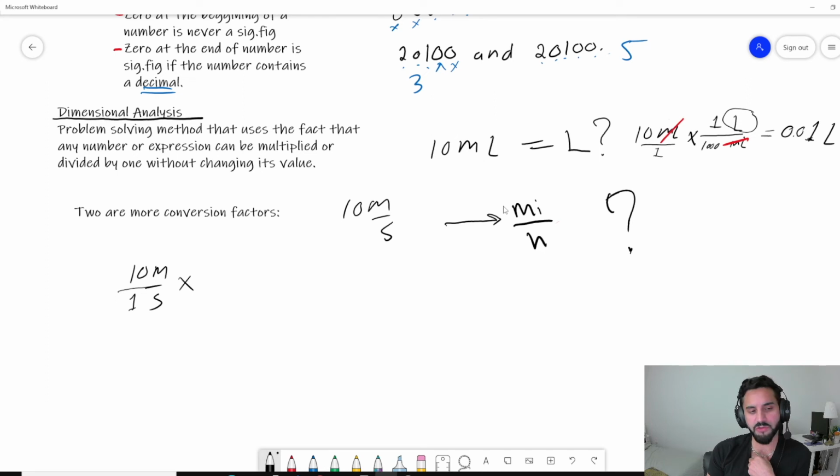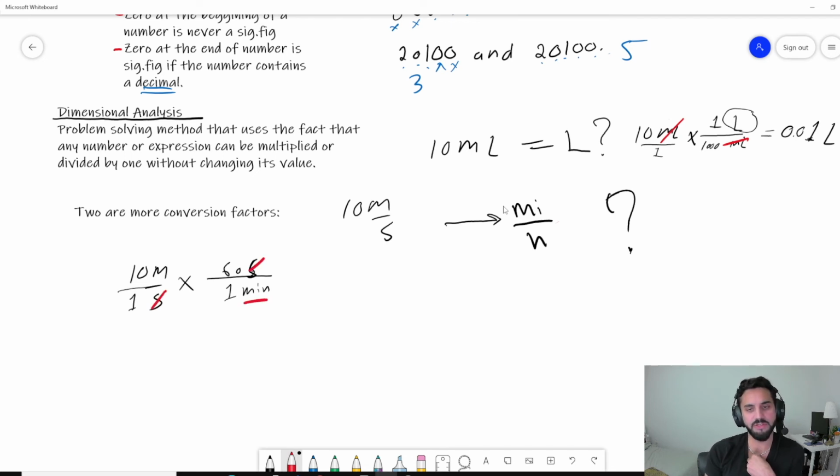You can start by canceling out any of these. It doesn't matter which one you start with. I like to start with seconds, and I want to convert it to hours. So for time, we need hours. What I do is, I know there are 60 seconds in 1 minute. So you can see here that my seconds cancel out and it leaves me with minutes.